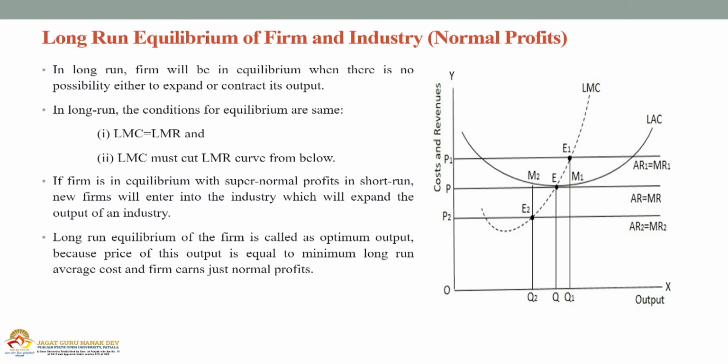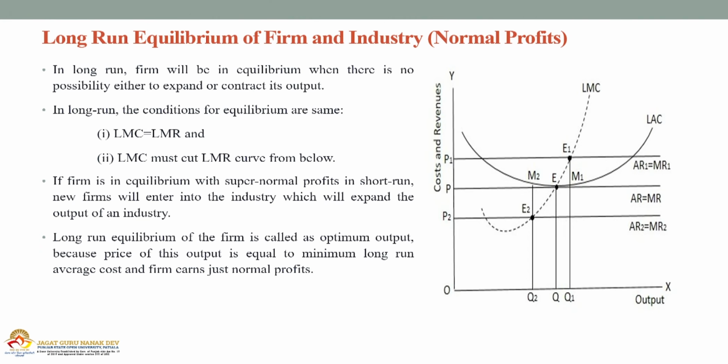Firm will be in equilibrium with supernormal profits in short run. New firms will enter into the industry, which will expand the output of the industry. Similarly, in long run equilibrium, the firm is called optimum output, because price of this output is equal to minimum long run average cost, and the firm can just earn normal profits.